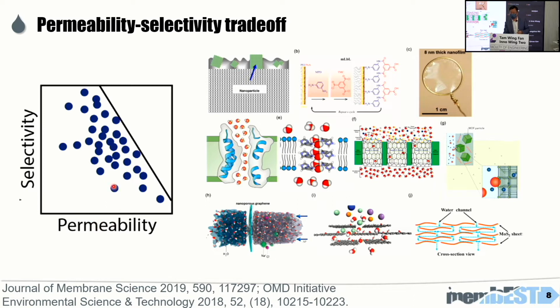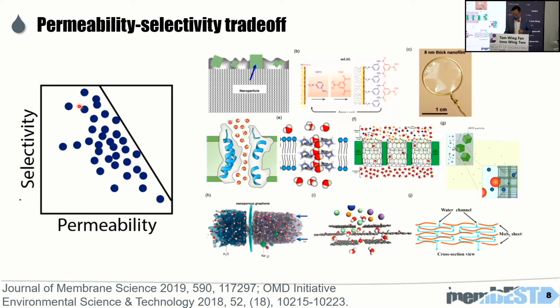Or if you want a more selective membrane, you typically sacrifice permeability. Of course, nowadays nanotechnology or biotechnology can give us some inspiration to seek alternative, better solutions.